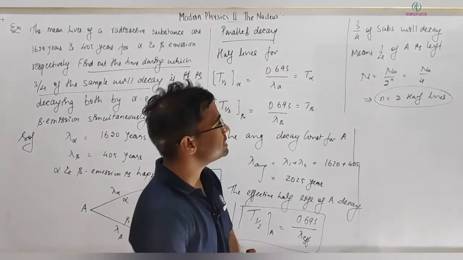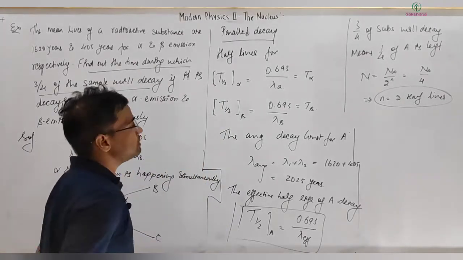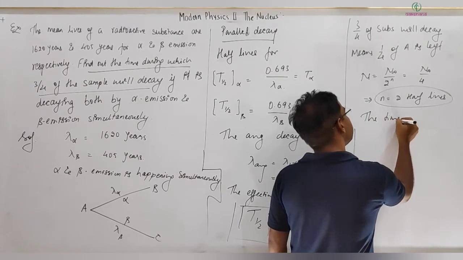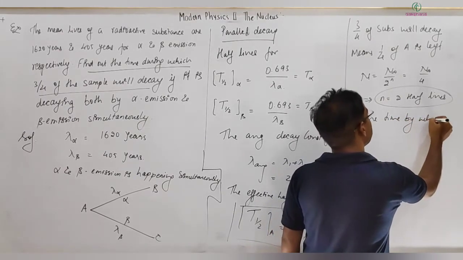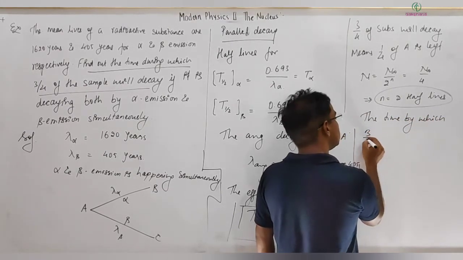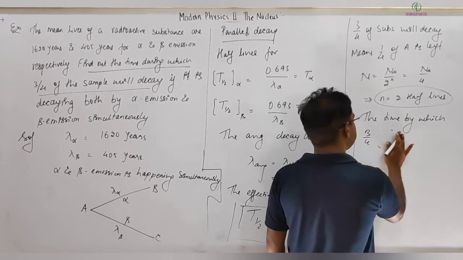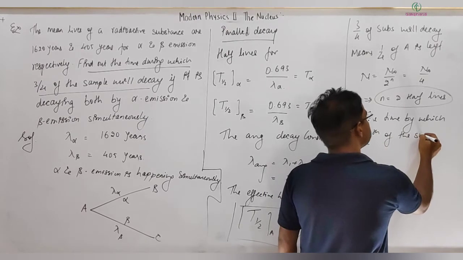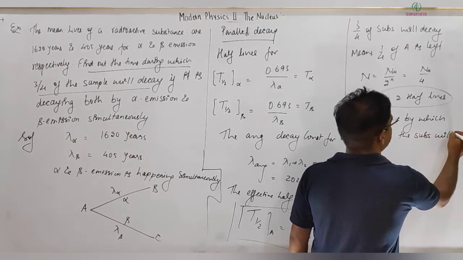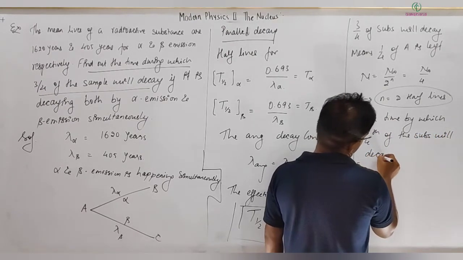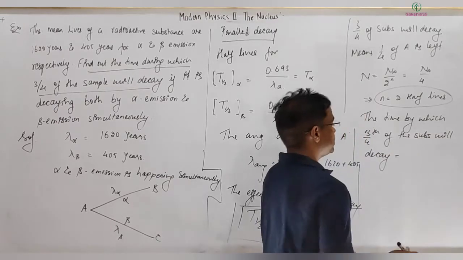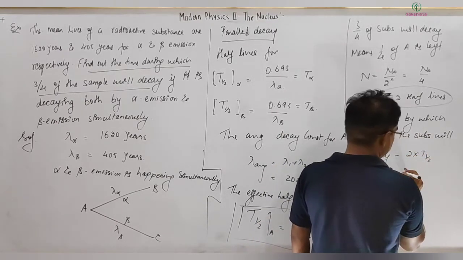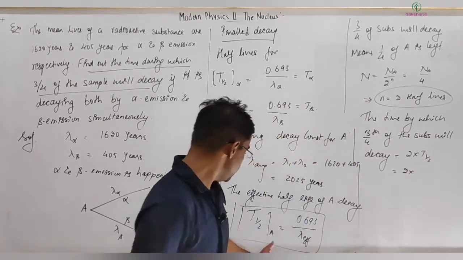So the total duration by which 3/4 of the substance will be decayed is equal to how much? 2 into T half, and that comes out to be, 2 into T half is how much?